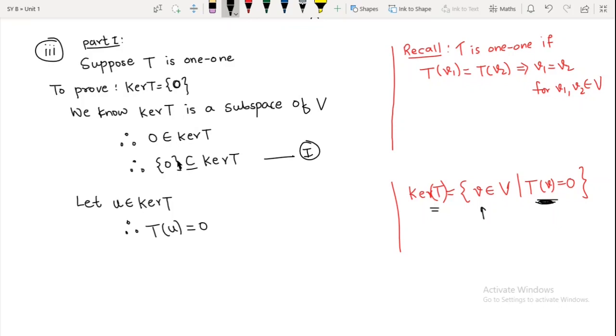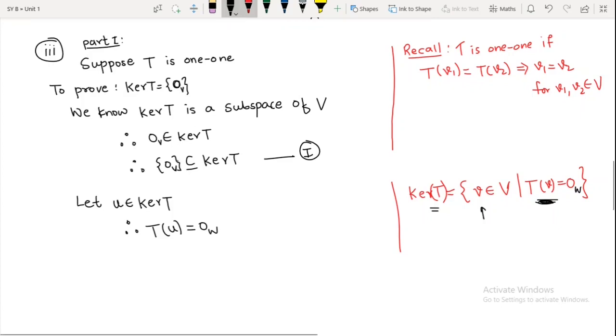To be more precise, I will write it as 0_v, just for understanding purposes. This has 0_v, and over here you might remember the definition, this is 0_w, so therefore this will be 0_w, right?